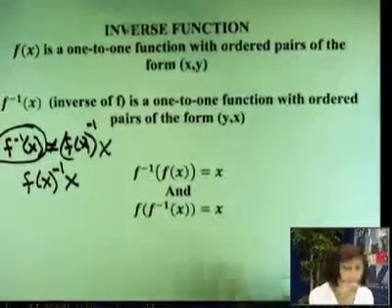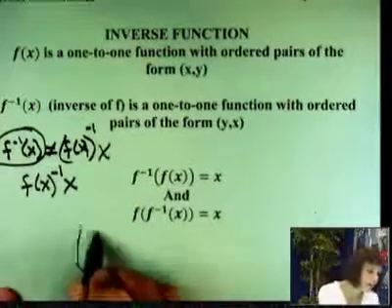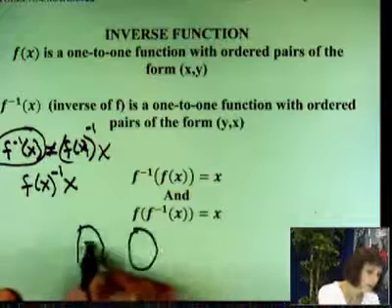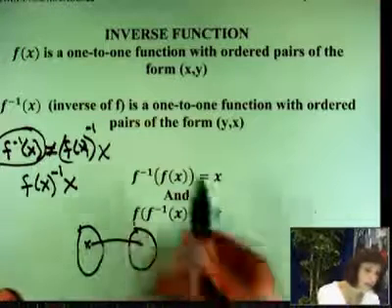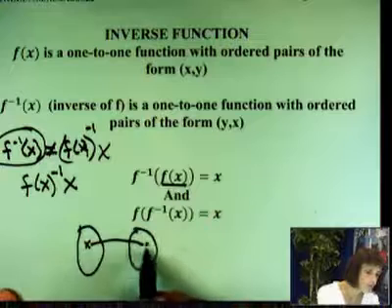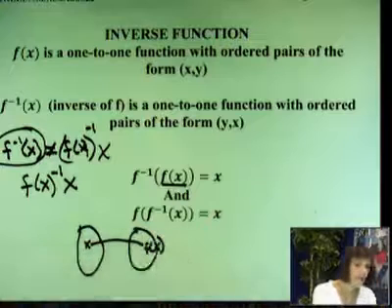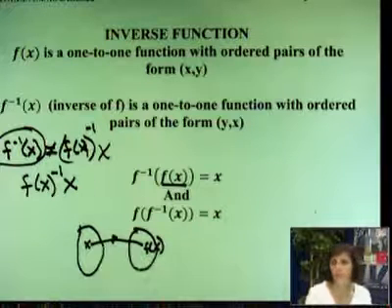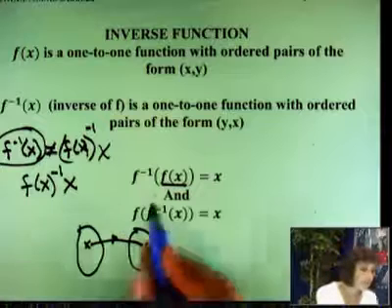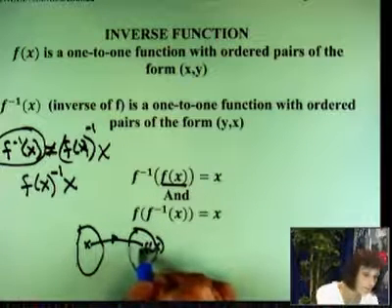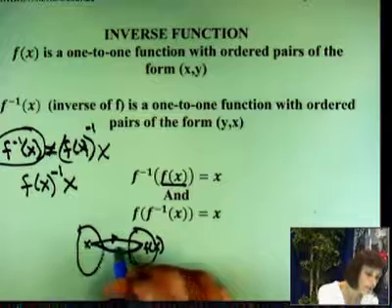What does that all mean? Now let's think about it. I have a bubble. I start with x, and I do f of x to it. So I start with x, I end up with f of x. What f inverse does, it takes this and applies f inverse to it.